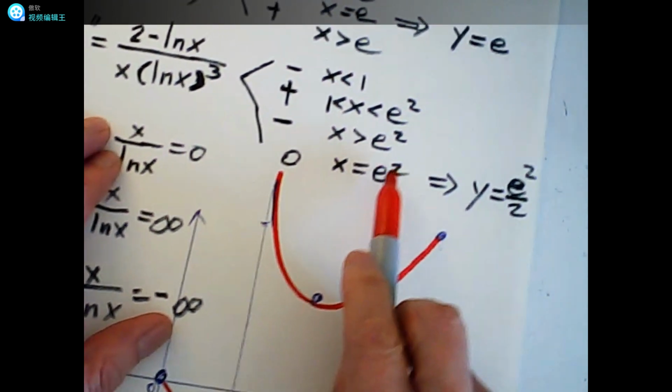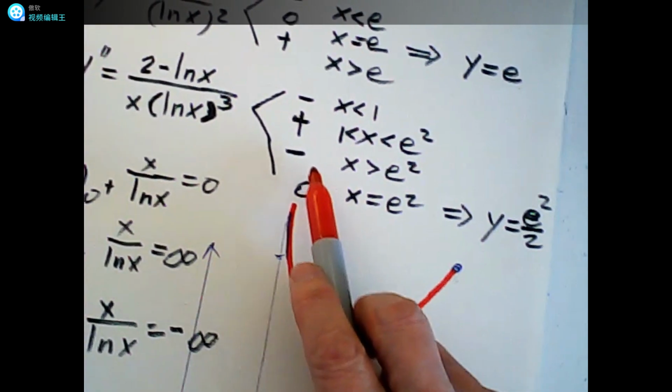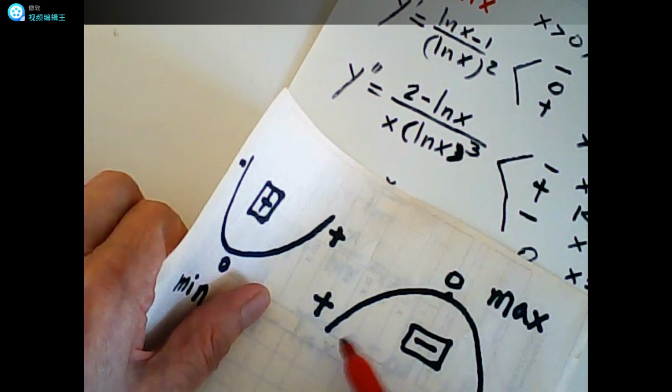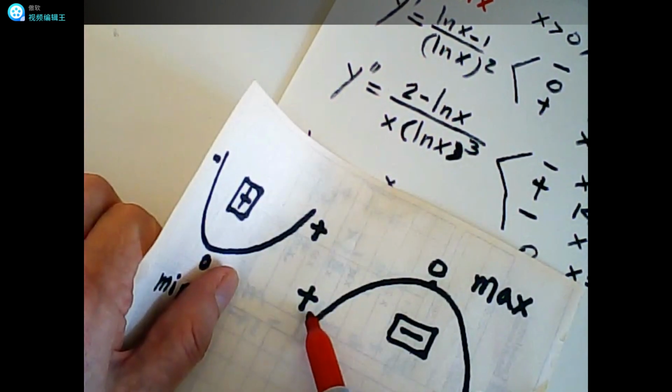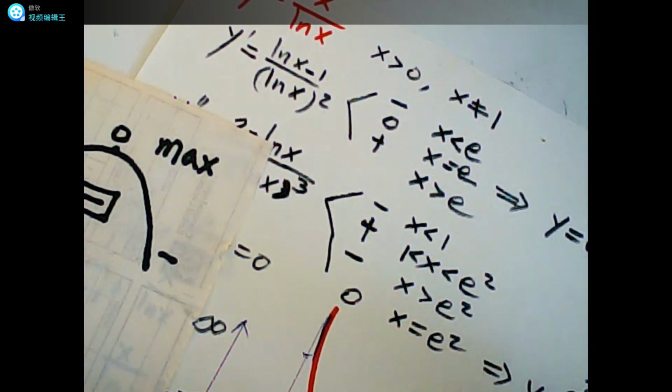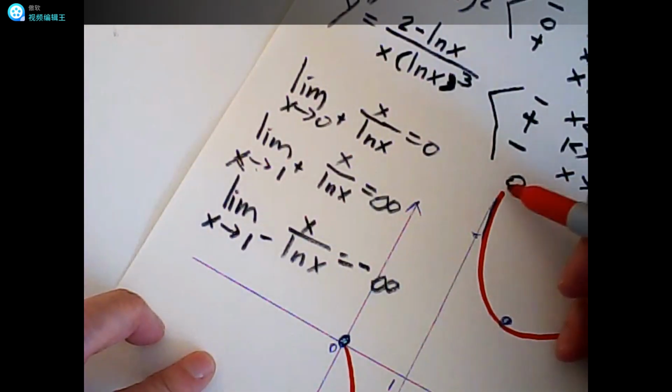After e squared, the second derivative is negative. So the curve will look like this. See, first derivative is positive, second derivative is negative. So it goes like this. So that is the curve of the function.